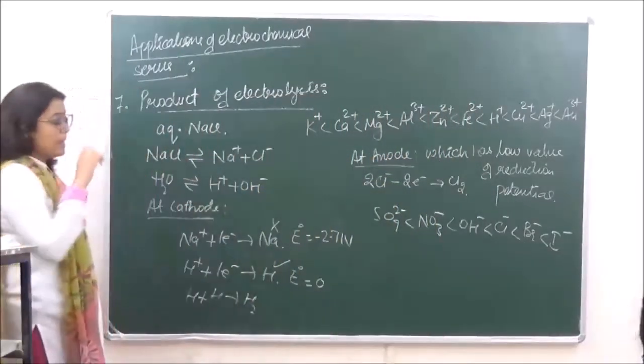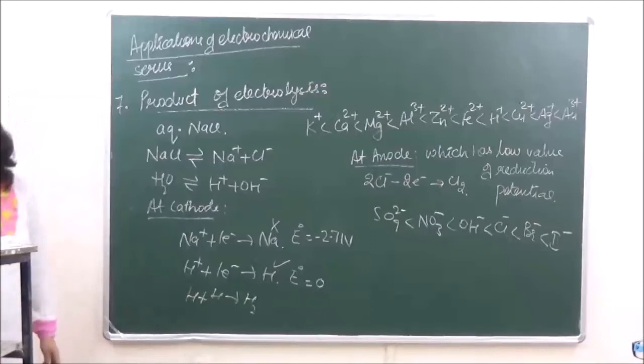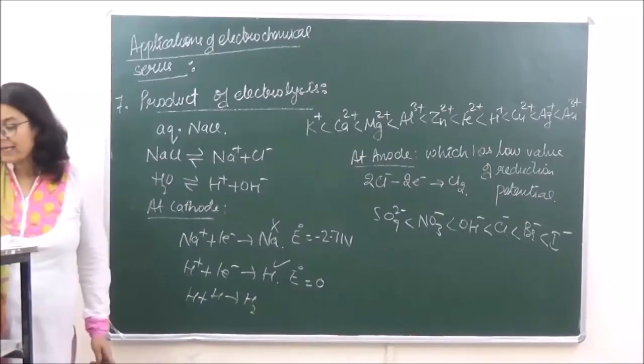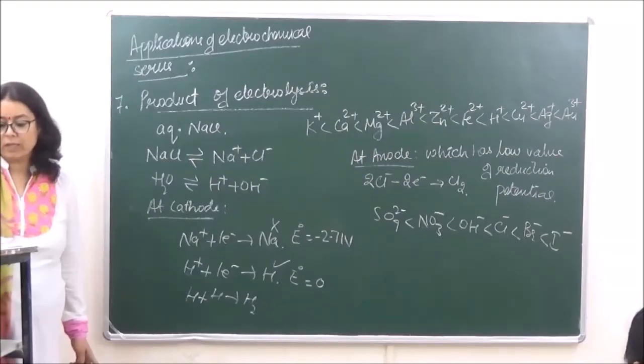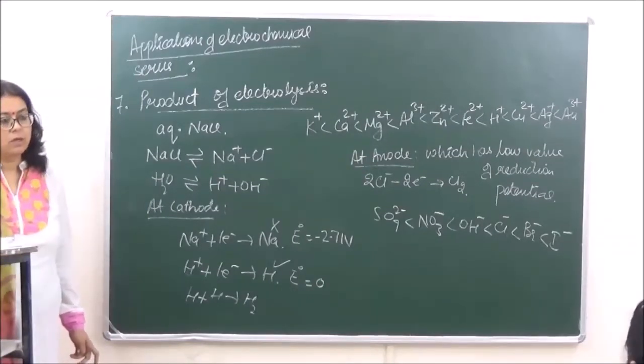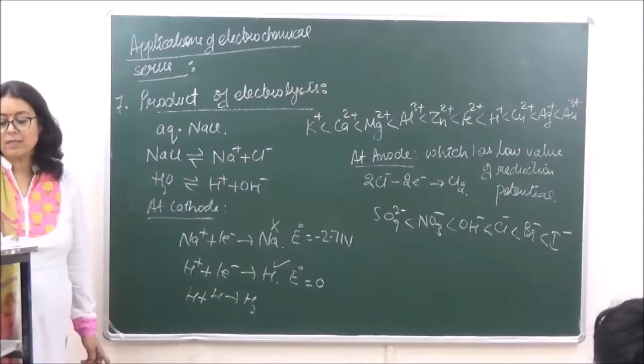So this is the comparison of the products which are going to be liberated at the anode and the cathode while we are doing the electrolysis. Okay, so this is your electrochemical series.